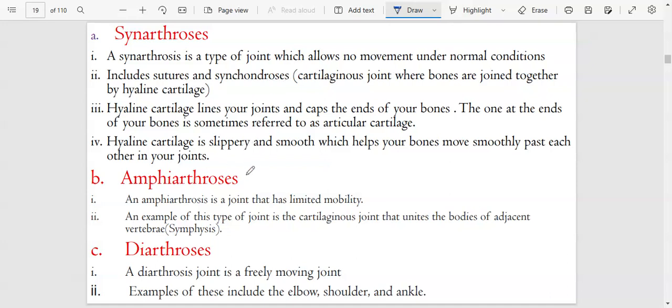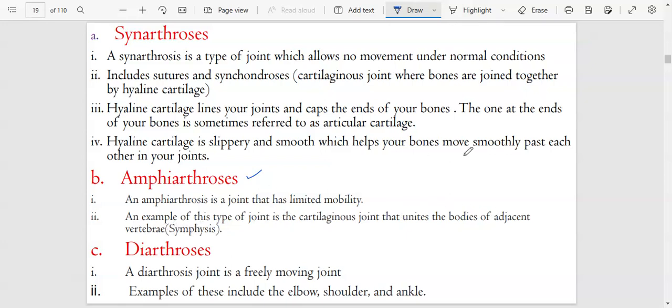We also have the amphiarthrosis. Now, this joint is going to have limited mobility, or it allows little movement, right? An example of this type of joint is the cartilaginous joint that unites the bodies of adjacent vertebrae.